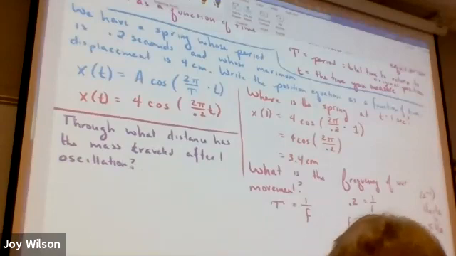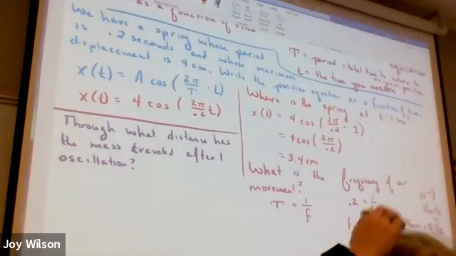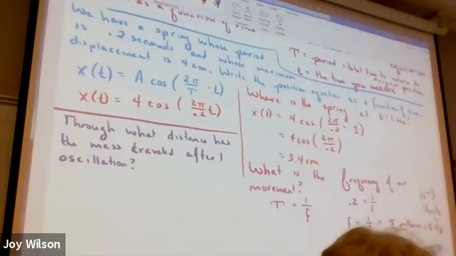So if we were to just add this as distance instead of doing displacement, how far will this mass have actually gone? So your idea here is I go out and I come all the way back for one oscillation. So how far has the mass actually traveled?